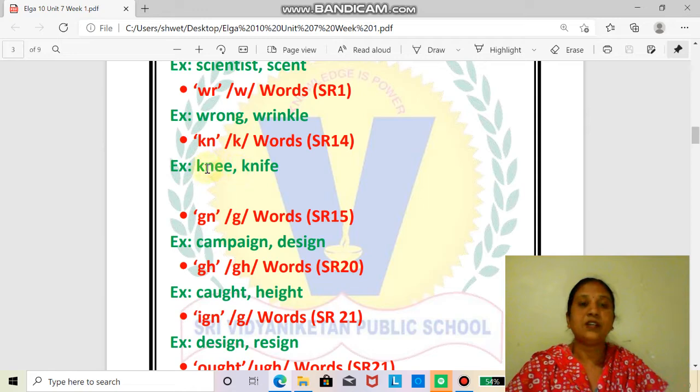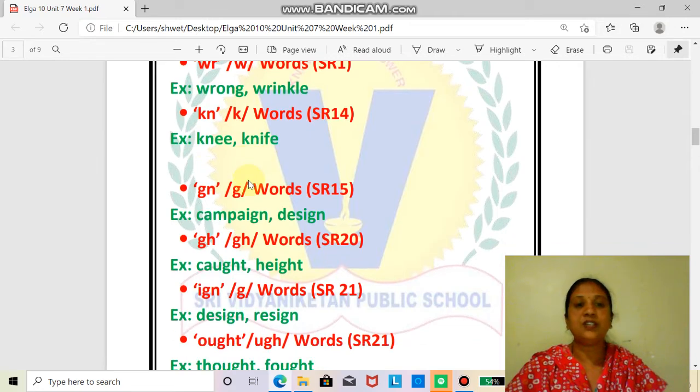When we read this word, we can hear only the sound of N, but we cannot hear the sound of K. Why? Because here the K is silent. So it is knee. One more example, knife.